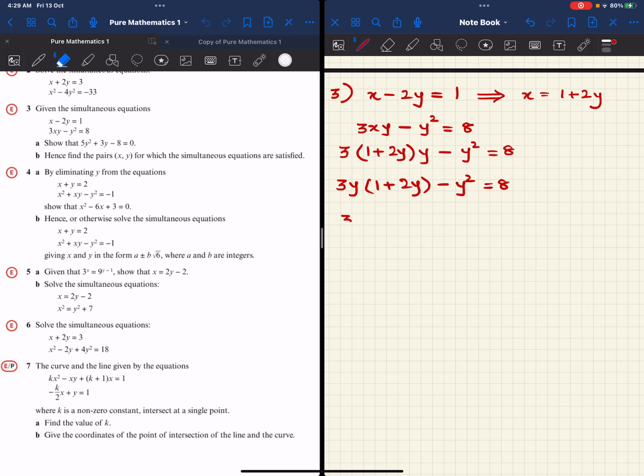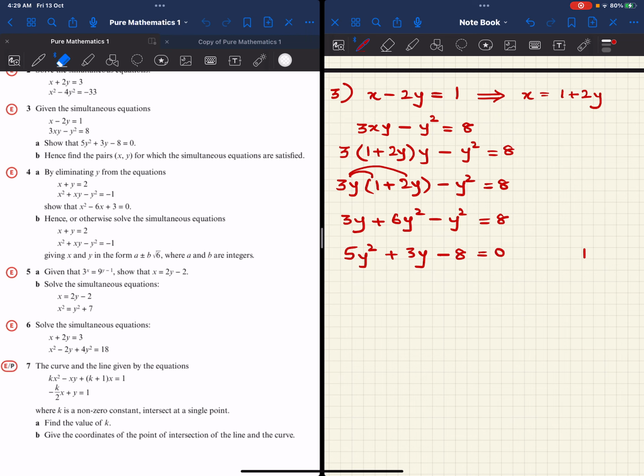So I have 3y times 1 and 3y times 2y. So 3y into 1 is 3y, 3 2s are 6y squared, minus y squared is equal to 8. So I have 5y squared plus 3y minus 8 is equal to 0.